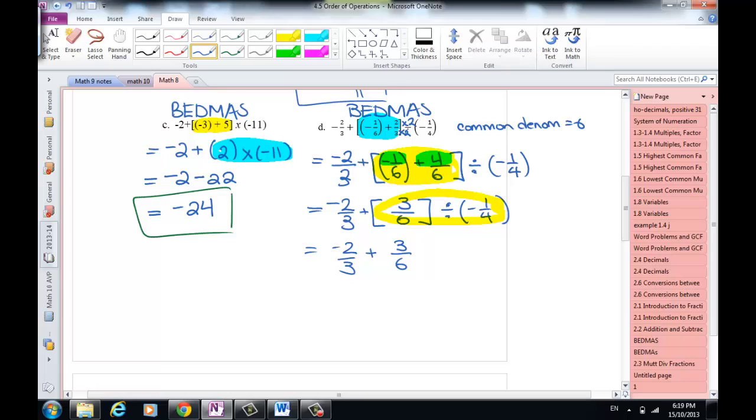I don't really need those brackets anymore. There's nothing happening inside of them, so I can just simply drop them. And I'm going to write this as a multiplied by, and the reciprocal is -4/1. Again, if you're wondering, this negative sign could have stayed right here if you wanted. You could have it on top like this. We really don't like writing it in the denominator, so make sure you try and keep it out of there.